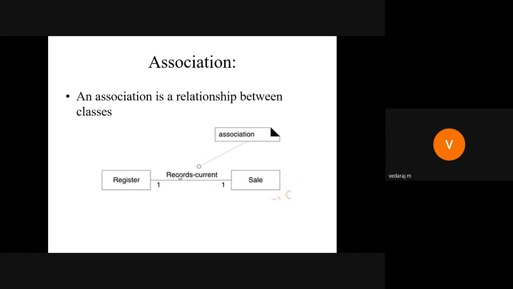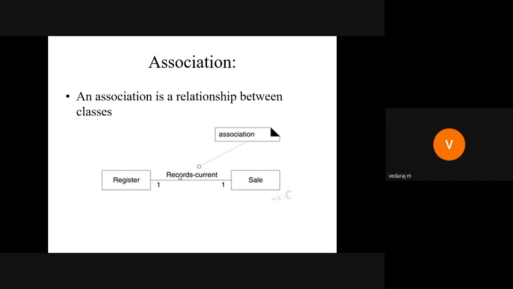Association means a single line is connecting the 2 classes. Here register is one of the classes, and sale is another class. Every sale is recorded in a register, so the register class is related to sale. Every class is related to other classes, and the relationship between classes is represented by the association.